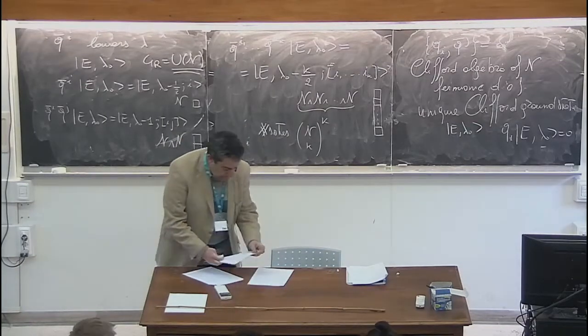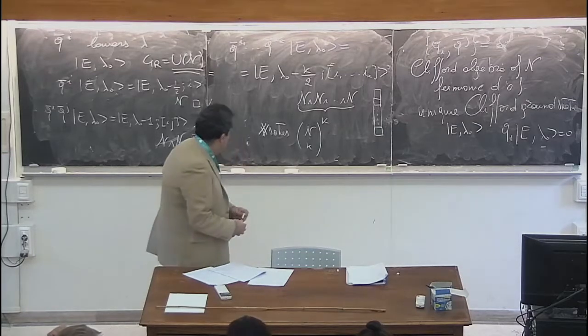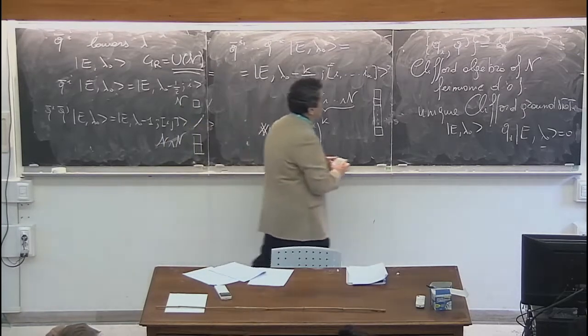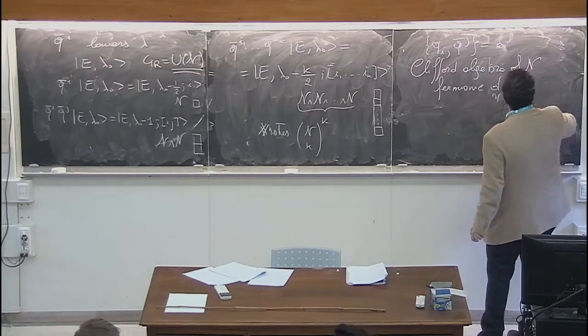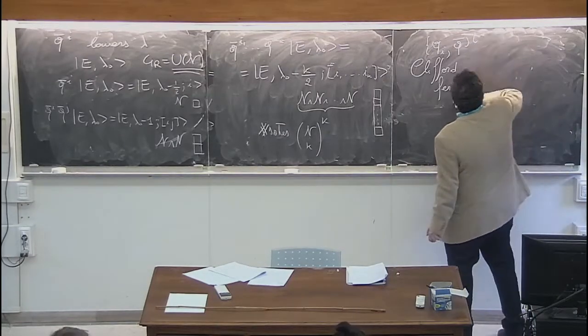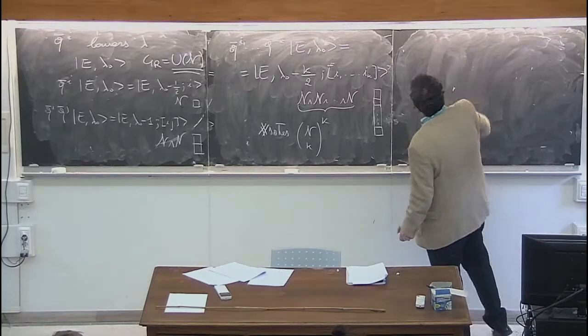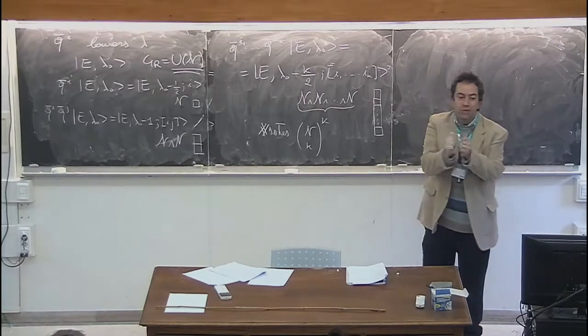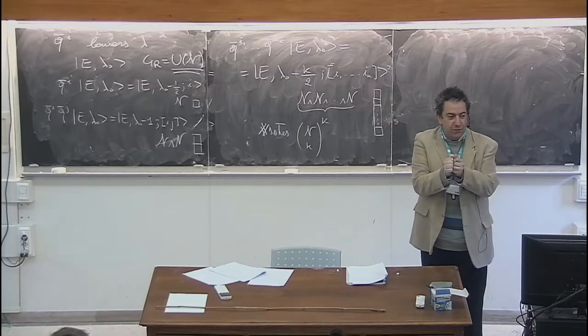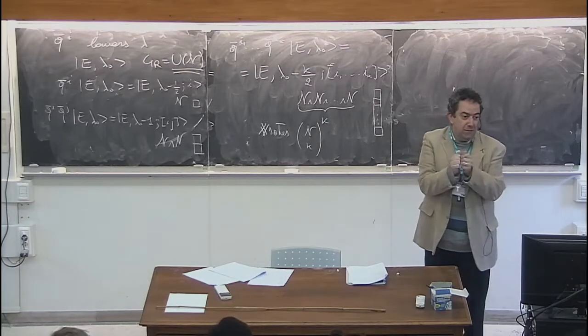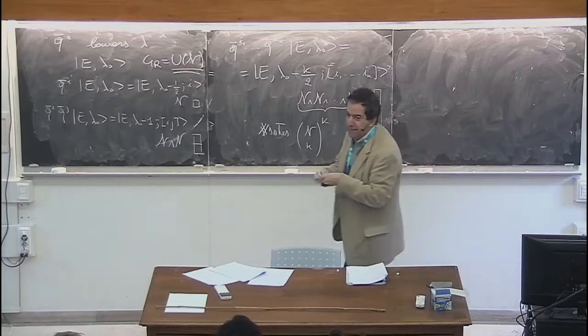So the maximum number of Q generators I can apply clearly is n. The moment I apply n plus 1, I am going to multiply two equal Q's together. But Q's anti-commute, therefore they are unimportant. If I square any of the Q's, I get 0.